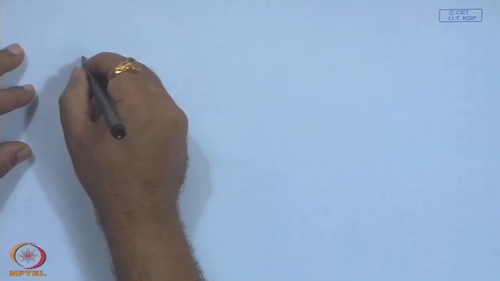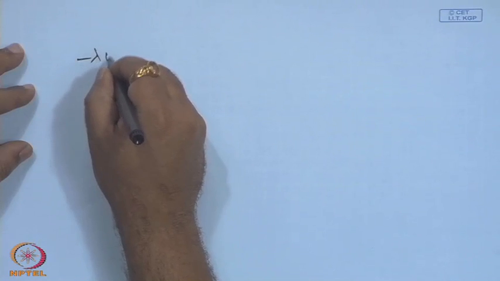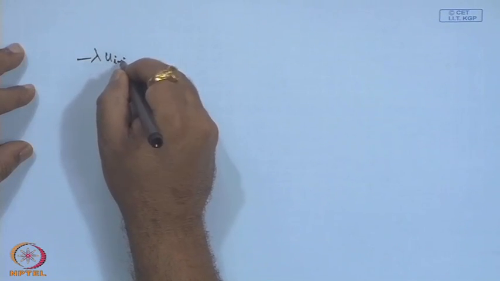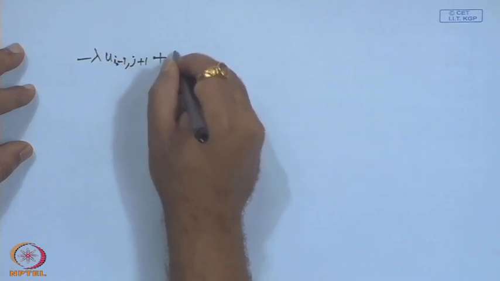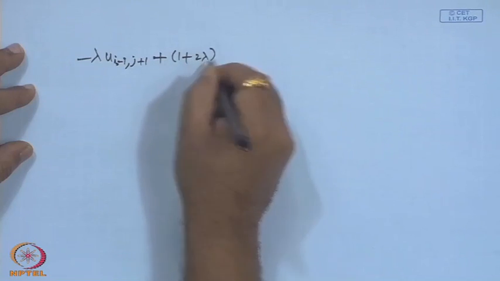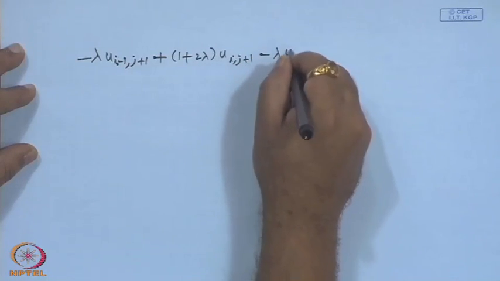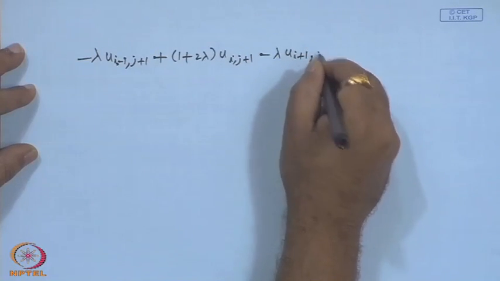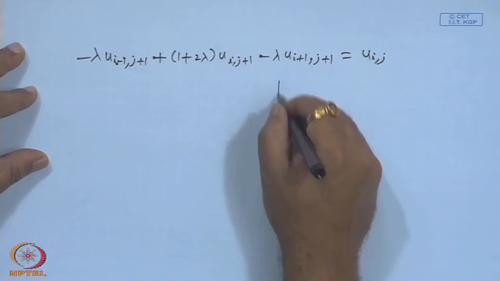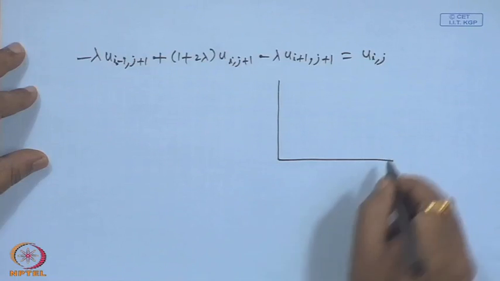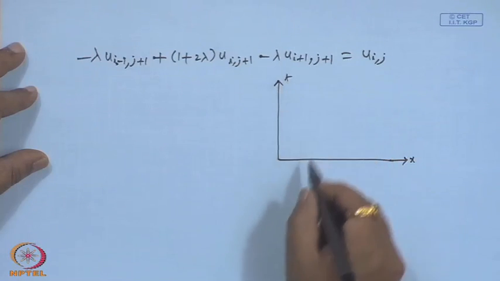So, we need the equation again. This is the equation, with u i minus 1. Now, for example, this is t.